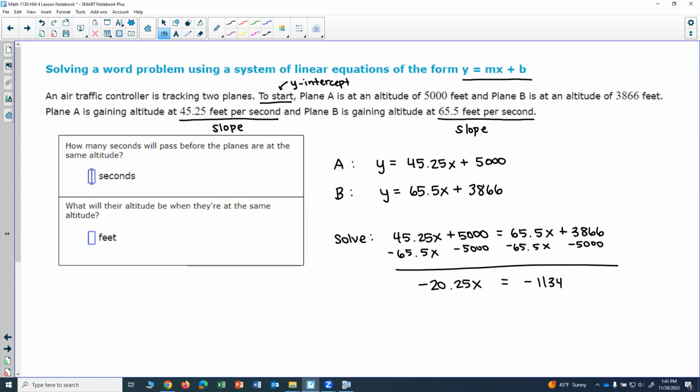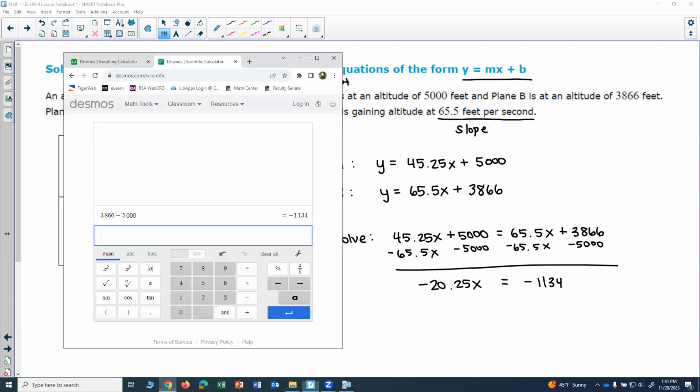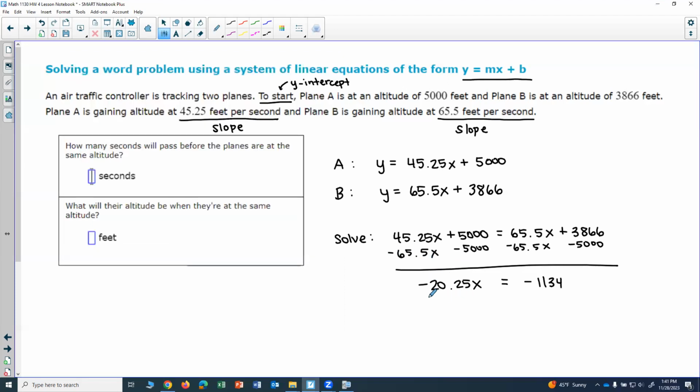And I want to divide both sides by negative 20.25.